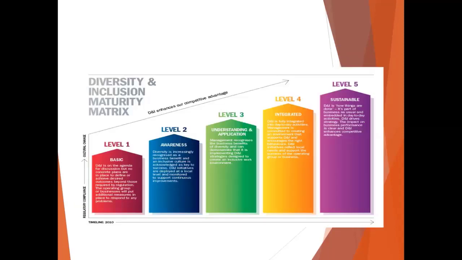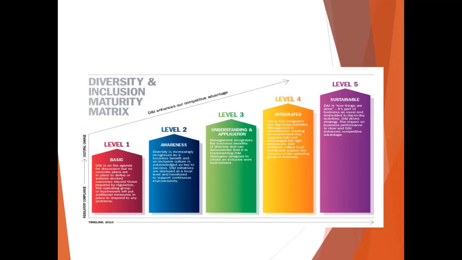One thing I want to address is that as we talk about institutions and how we're diversifying institutions, it's going to go in a progressive level. Really, we have to go from basic to awareness, understanding and application, then eventually it'll be integrated. That means it's fully integrated into the day-to-day activities.